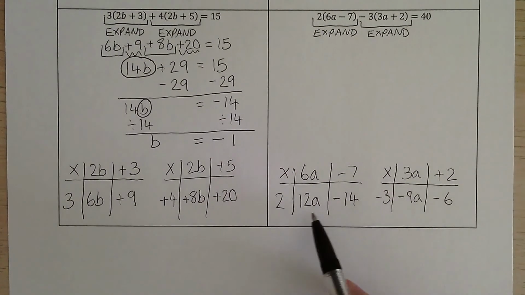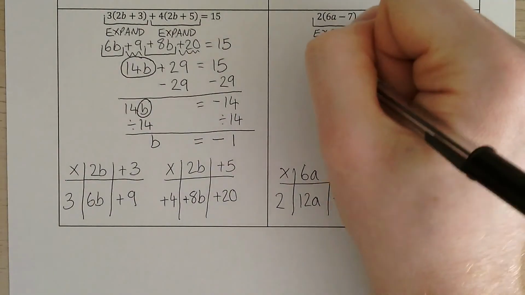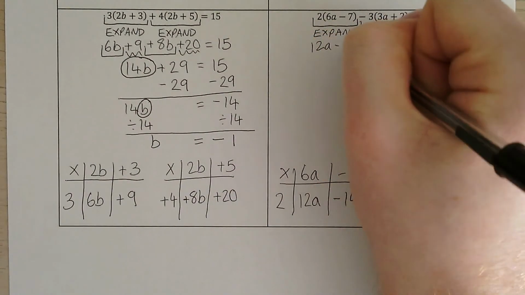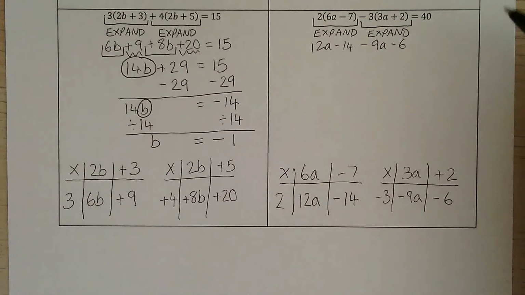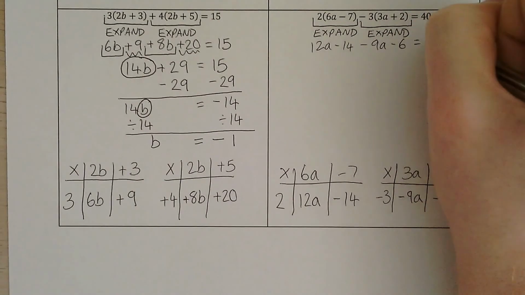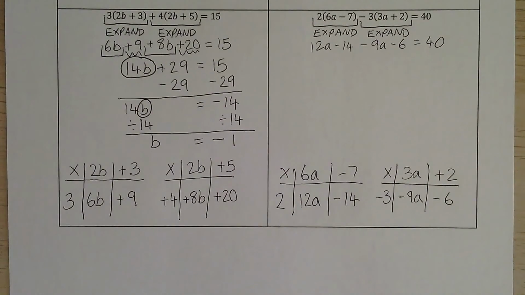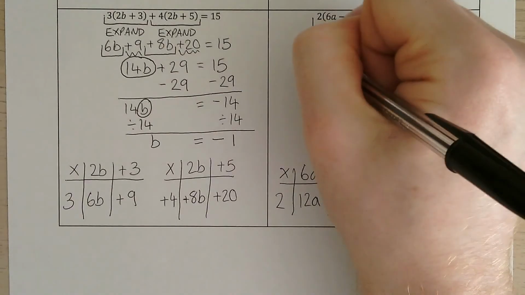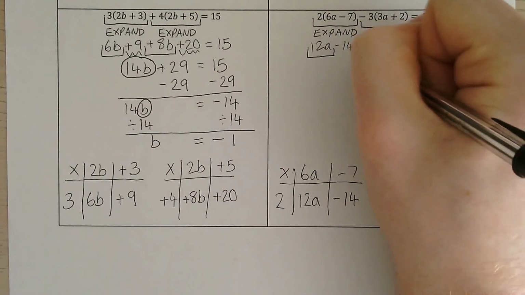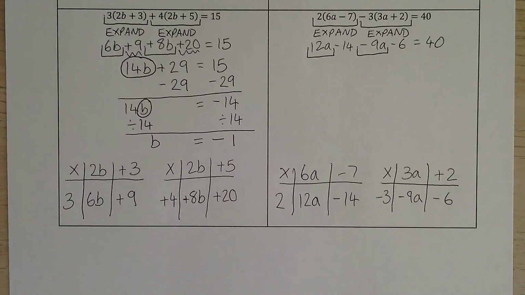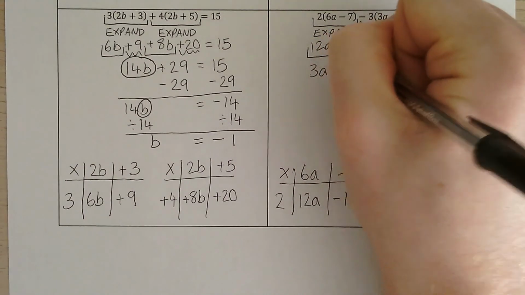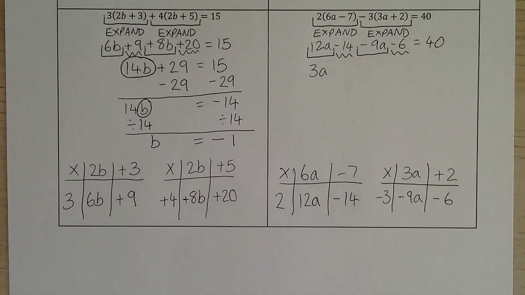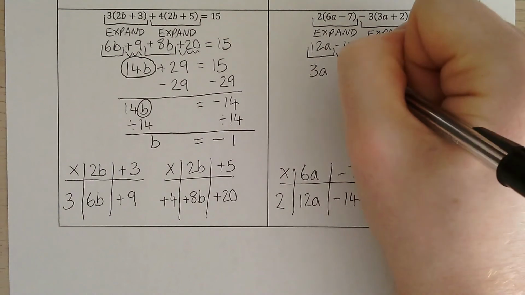These terms in our grid methods can be written underneath the brackets. And again, it's important that equals 40 drops down. Now we're on the simplifying step of the question, so we need to collect like terms. 12a take away 9a gives us 3a, and minus 14 minus 6 gives us minus 20.